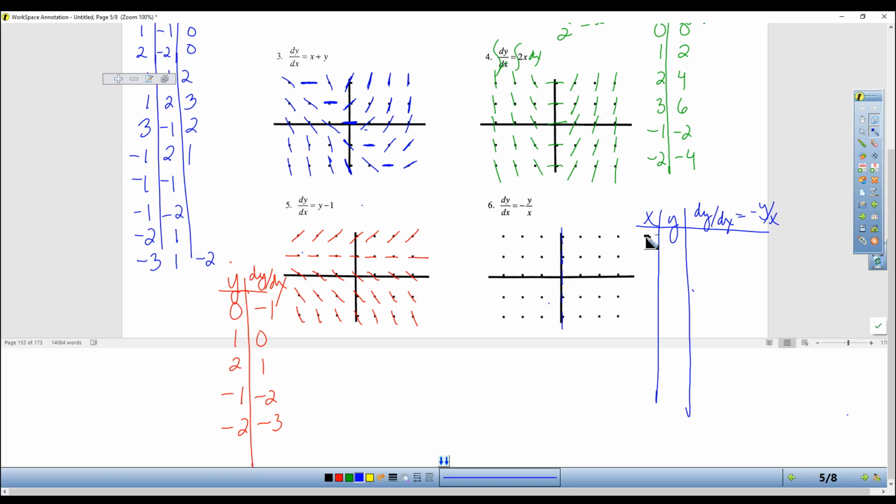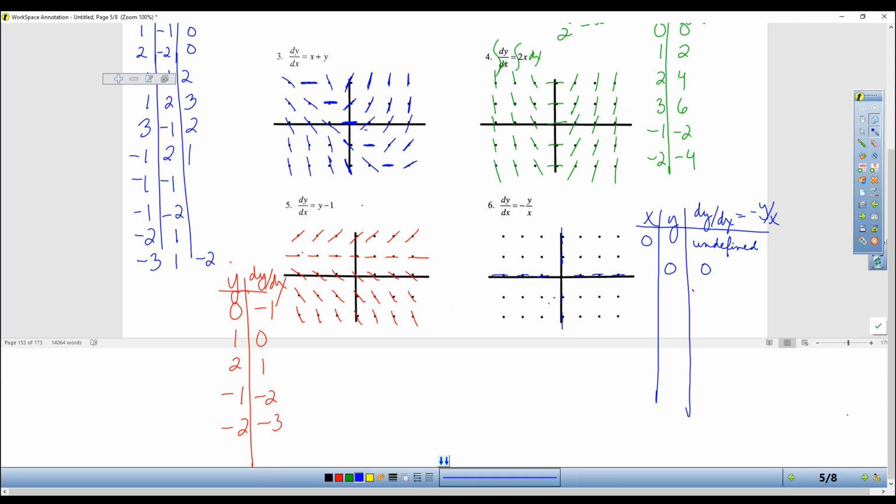And then x is equal to 0, undefined, no matter what y is. And then when y is equal to 0, no matter what x is, it's going to be 0. So all of these spots are going to look like this. So how can that be true right in the center? Well, 0 over 0 is just undefined in general, so don't put anything there.